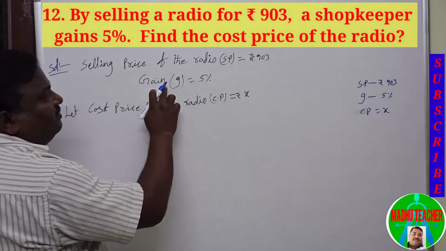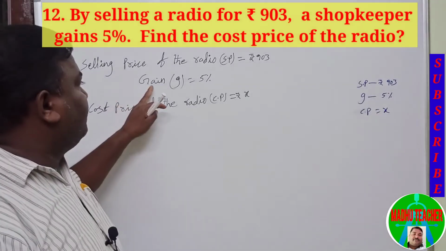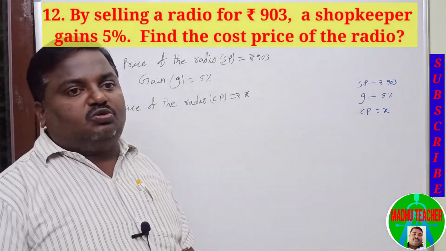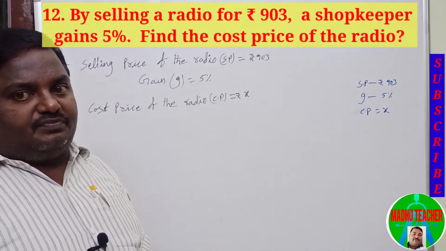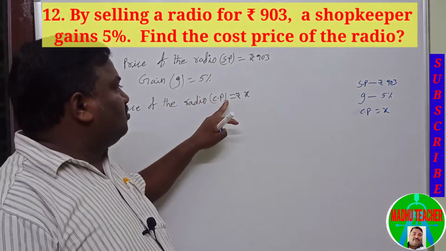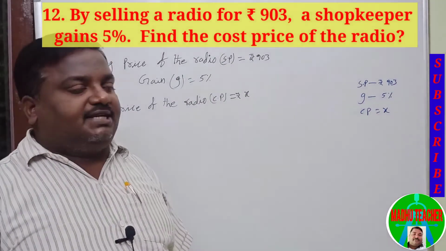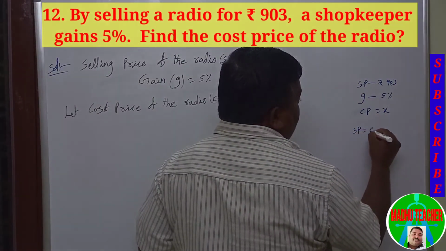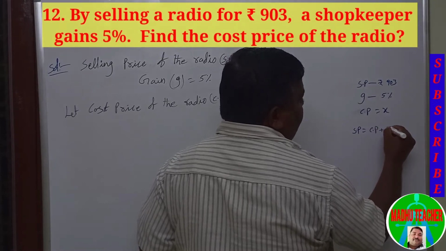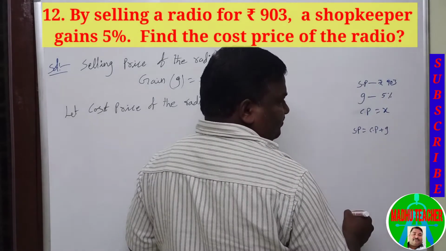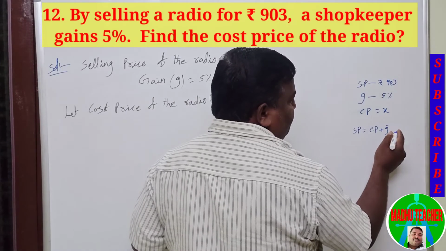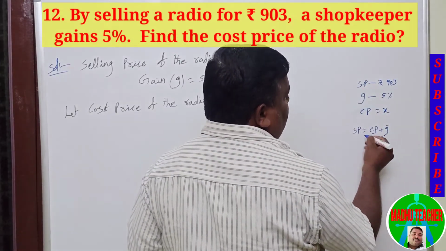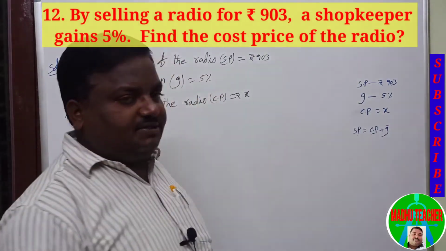So first of all, here we have gain, profit percentage. First of all, change it into profit form. By adding profit to cost price, we'll get the selling price. What is the formula? Selling price equals cost price plus profit or gain. So here it is in percentage. First you have to change it into a value. By adding these two, we'll get the selling price.